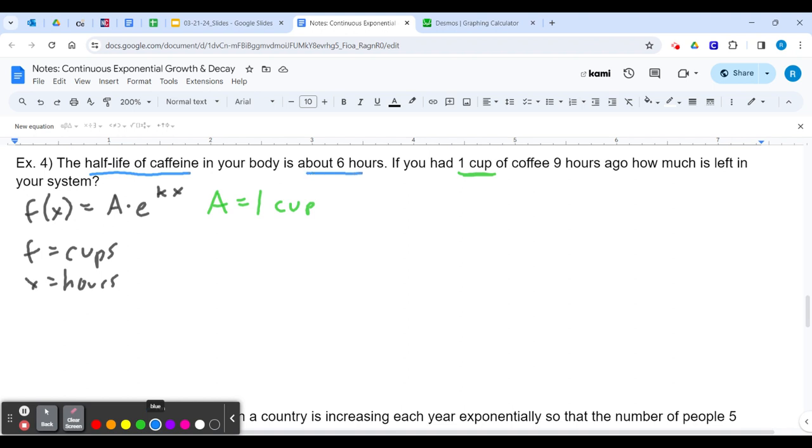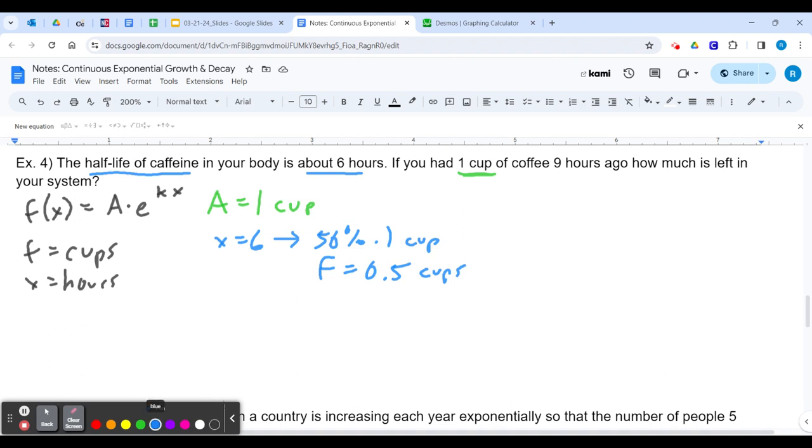So what that means is when x equals 6, I am down to 50% times that 1 cup. So that means my f value is at 0.5 cups because that's how much caffeine is left in my body there. So we can set up that formula then.